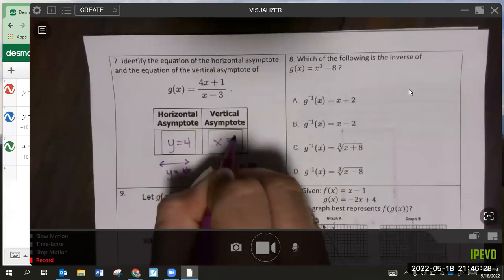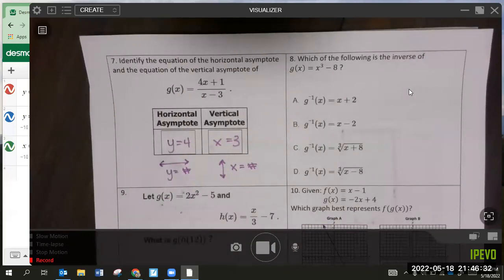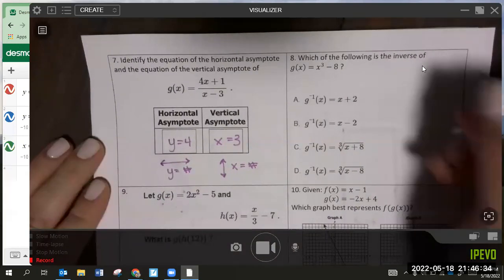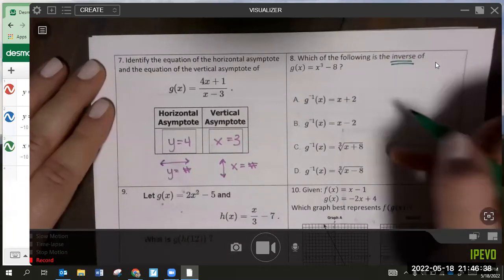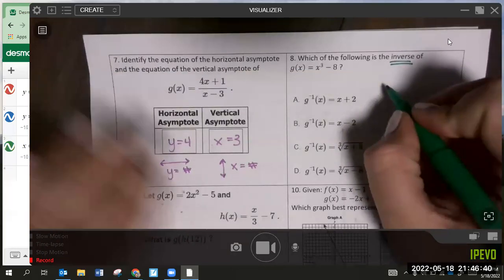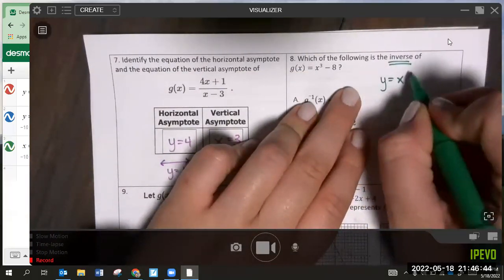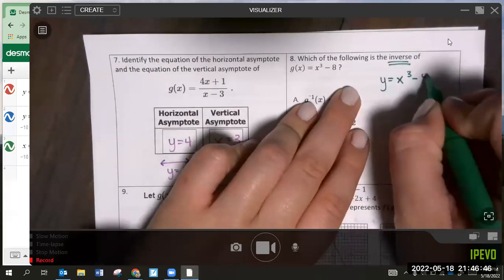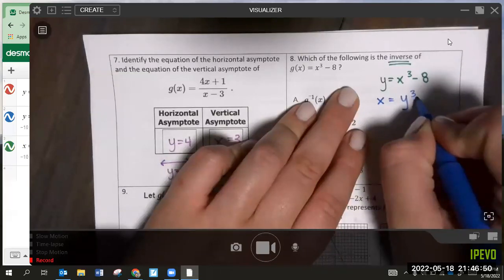Number 8 says, which of the following is the inverse of this function? When we studied inverse, we created an inverse by first writing it as y equals, and then switching the x and the y. So my x comes here and my y comes here.